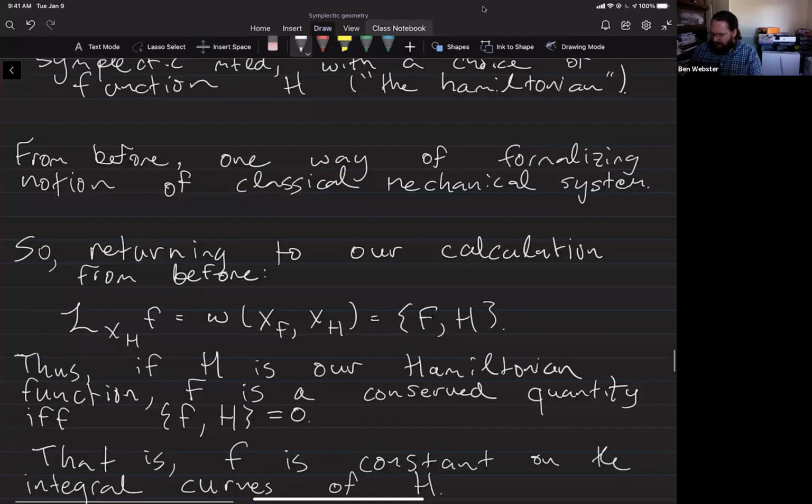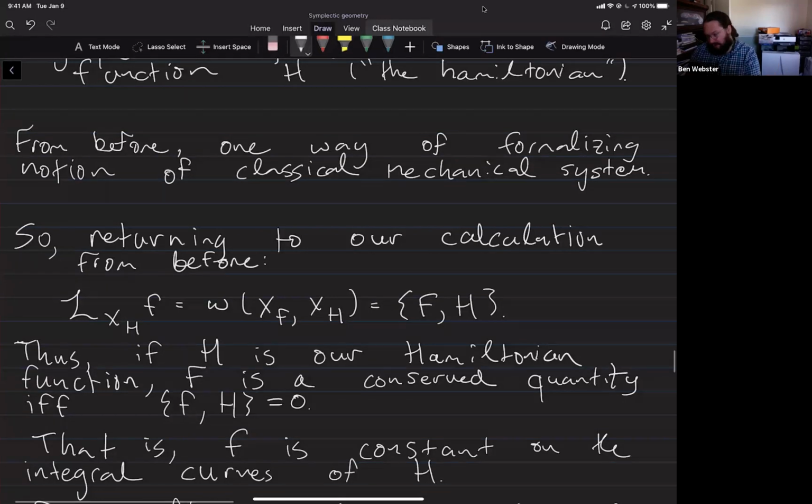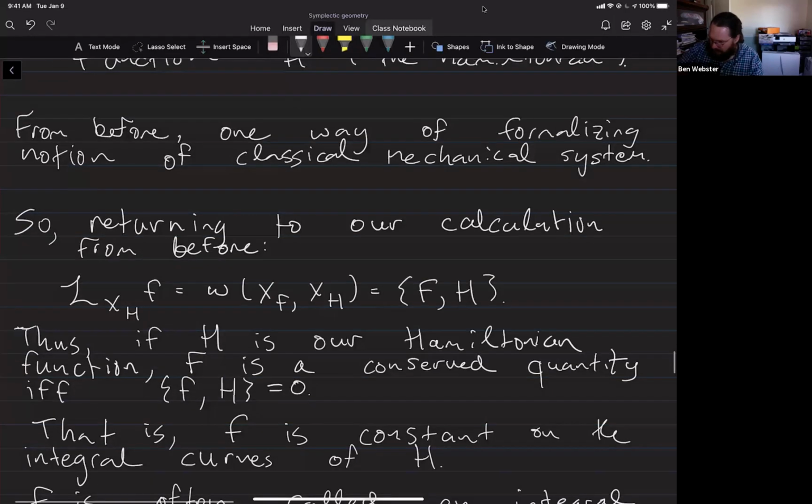So if h is our Hamiltonian function, and we think about the time evolution that comes from it, f is a conserved quantity, constant on the integral curves of, I wrote h, but I should have written X_h, if and only if its Poisson bracket with h is 0. So functions whose Poisson brackets are 0 give me something very special.